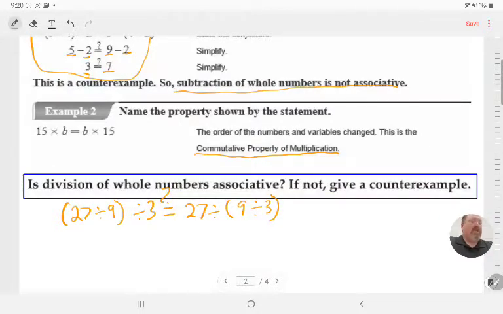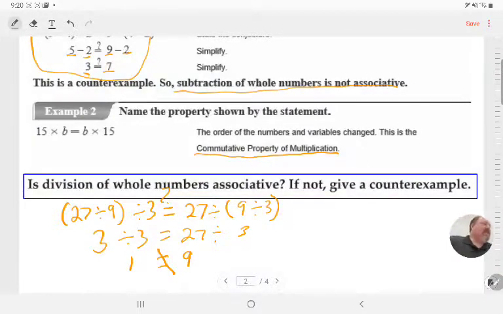So if we do 27 divided by 9, we would have 3 divided by 3. And on the other side, we would have 9 divided by 3 first, which is 3. 3 divided by 3 is 1, and 27 divided by 3 is 9. So therefore, that does not equal.